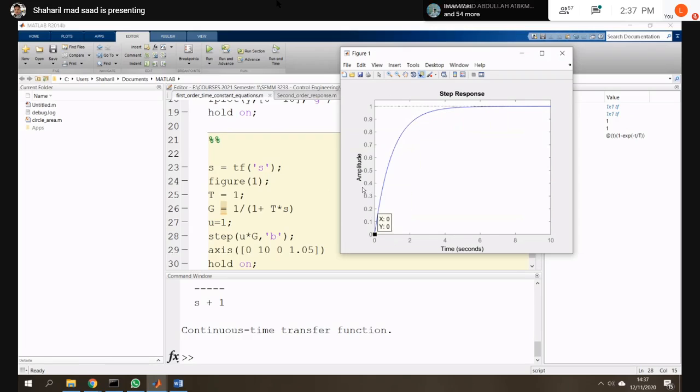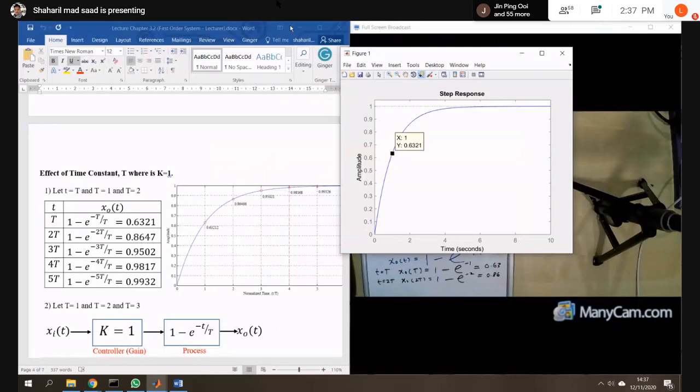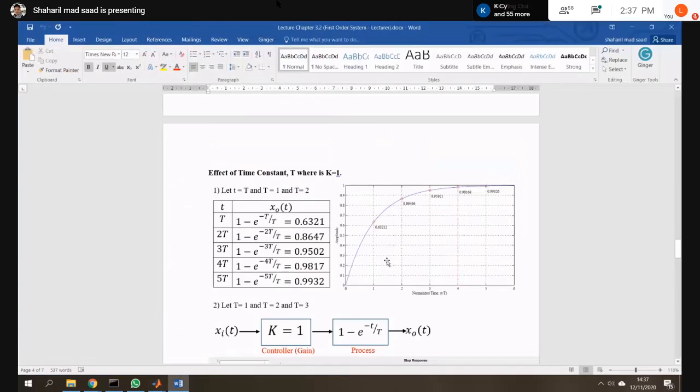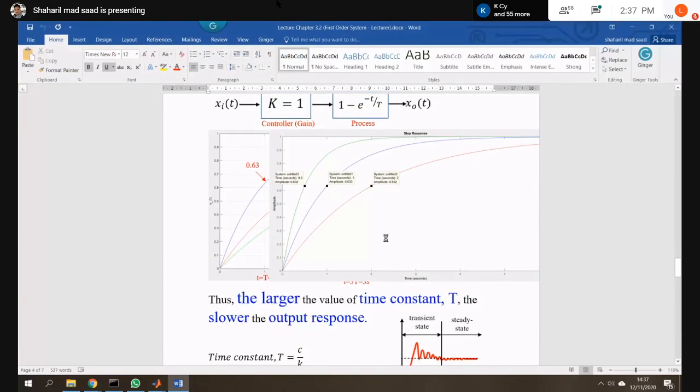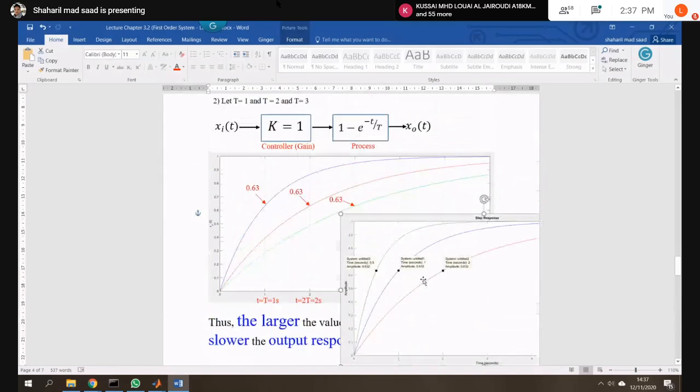So you can see that it will have the same value here at 0.63, when T equals 1. This is how you use MATLAB. I have already drawn some graphs here.